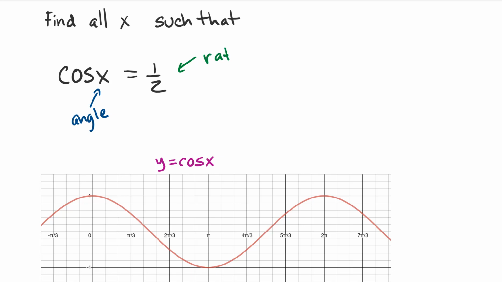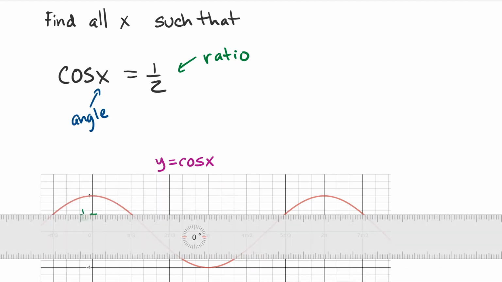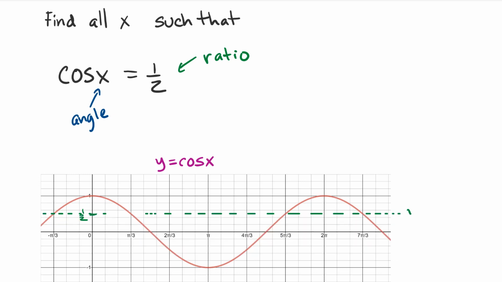This is the ratio, or the y value. So a half is about here. It's about there, right? If I take my little trusty ruler out, let's just say that that's right where y equals a half.